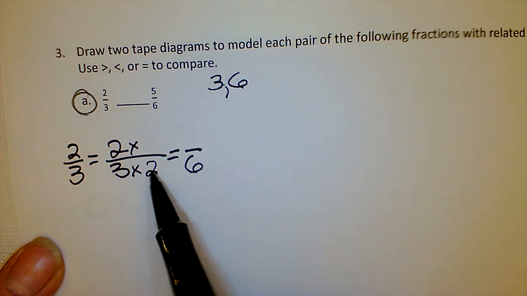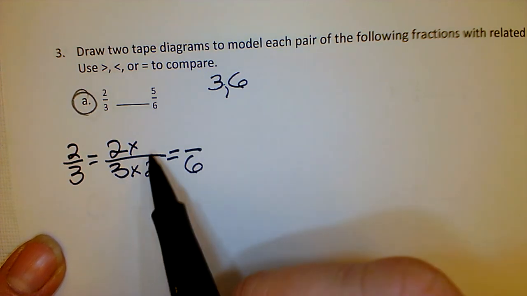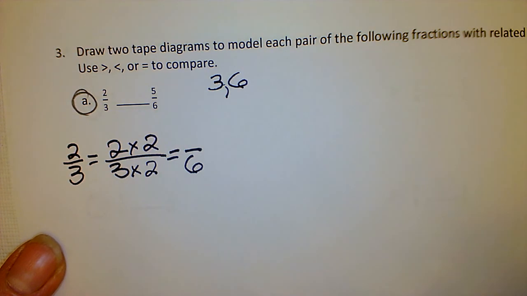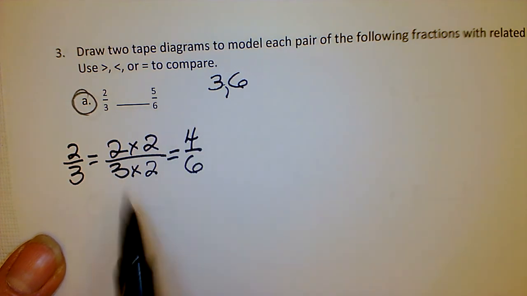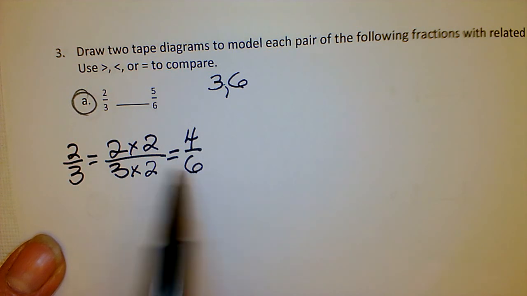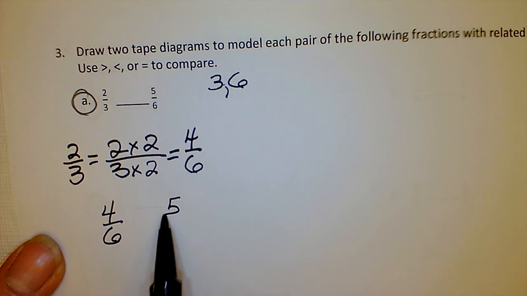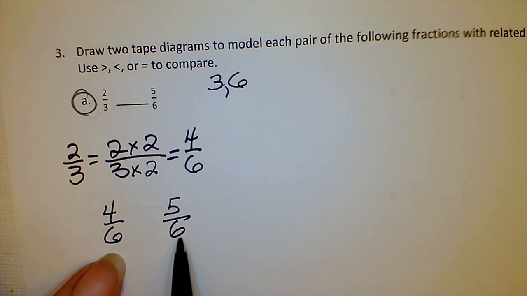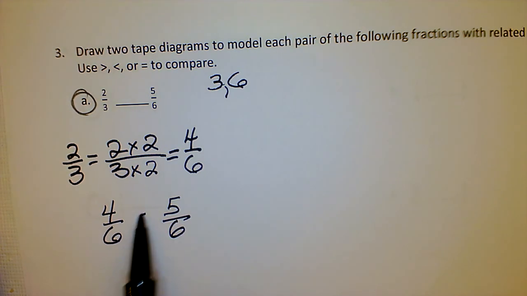So 3 times 2, but I could have said 6 divided by 3 gives me that number. Whatever I do in the denominator, I have to do in my numerator, and 2 times 2 is 4. So now we took that 2/3 and turned it into 4/6, which is an equivalent fraction. So now we can compare 4/6 and 5/6. Now the size of my pieces is the same. They're both 6. So having more of that size pieces is going to be larger.